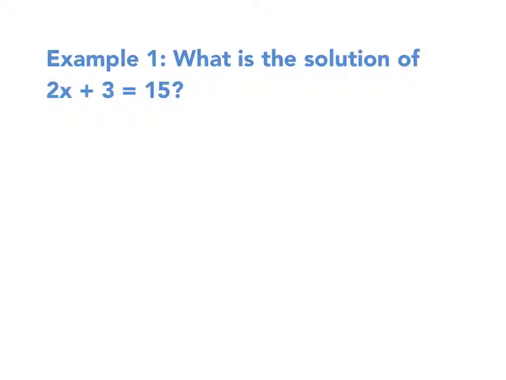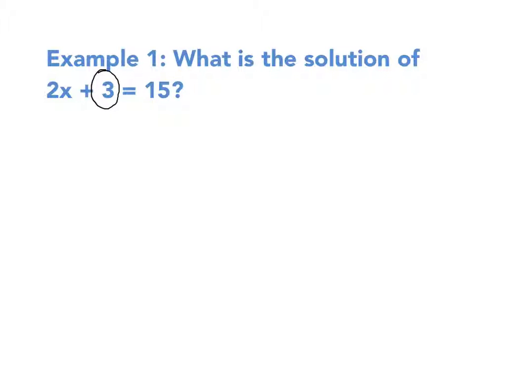And we come to our first example. What is the solution of 2x plus 3 equals 15? So what I'm going to do is go back to my steps. And I see that there are no like terms on either side of the equation that I can combine. So the first thing I'm going to do is move my constant. And the constant, remember, is just the number with no variable.